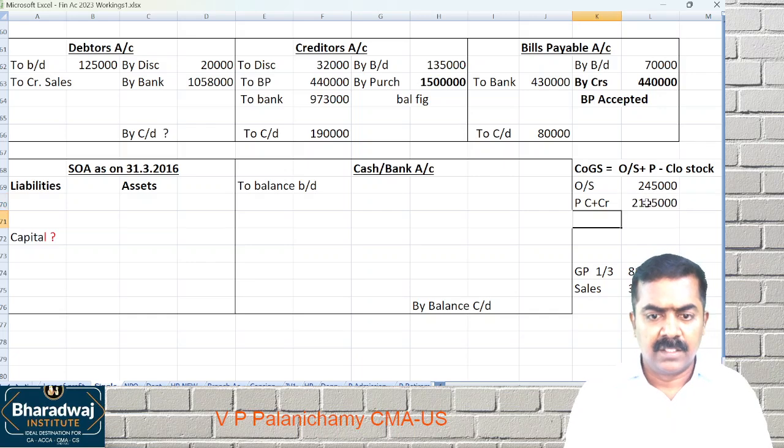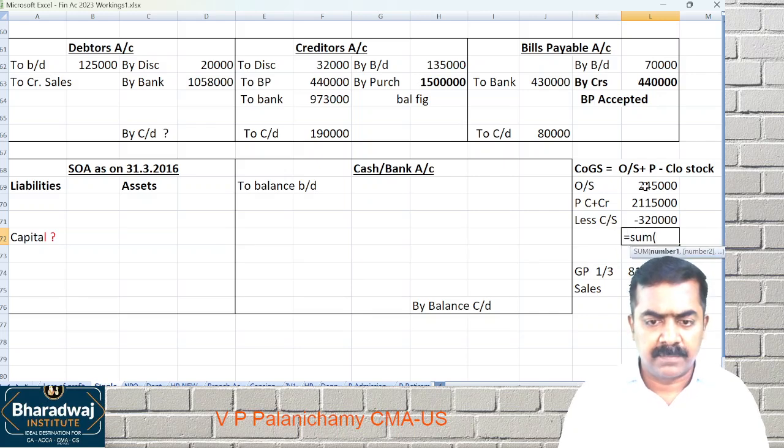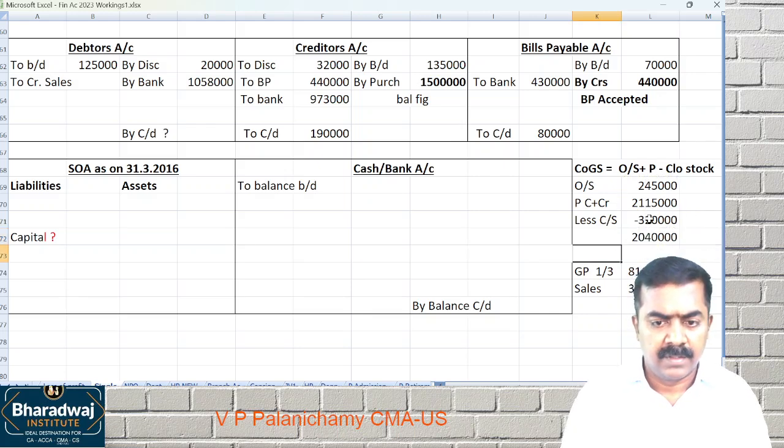If you add, 21,15,000 less closing stock 3 lakh. If you adjust, what will you get? 20,40,000 will come. Gross profit is 1/3 on cost.